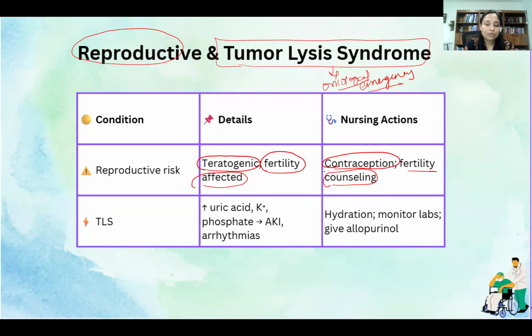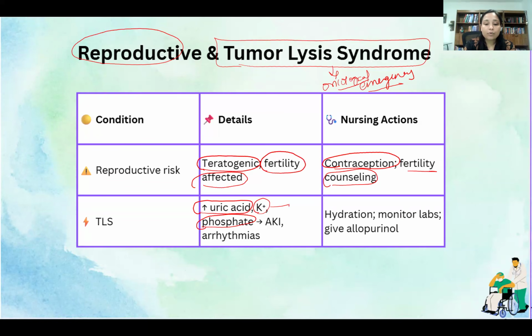And tumor lysis syndrome. So what happens is when patients start taking chemotherapeutic drugs, this medication is going to destroy the cancerous cells, right? And so there is a whole chemical process that occurs, and because of that, electrolyte imbalance occurs. In that, uric acid level increases, potassium and phosphate imbalance also occur.